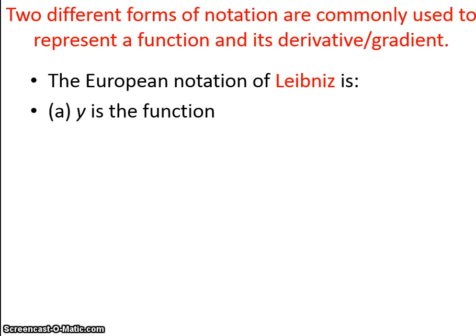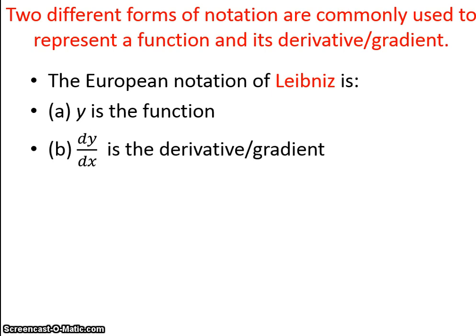This is where we use the notation y to stand for the original function, and therefore the derivative or gradient function is known as dy dx. What this literally means is the derivative of y in terms of x. This notation is named after the German mathematician Leibniz.